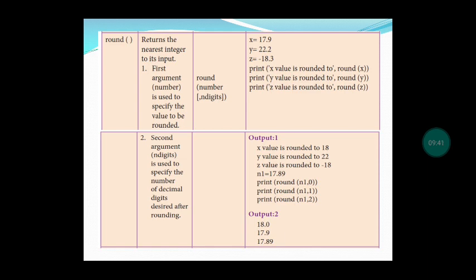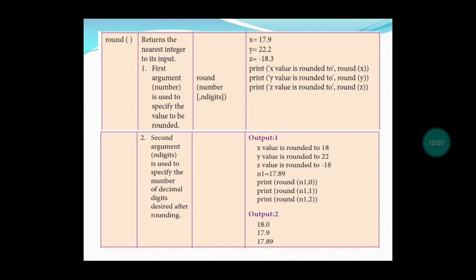And next example, it is given n1 equal 17.89. We are round offing the function as n1 comma 0, n1 comma 1 and n1 comma 2. n1 comma 0 means after the decimal place no values have been taken. So it rounds off the value as 18.0. Next, n1 comma 1.